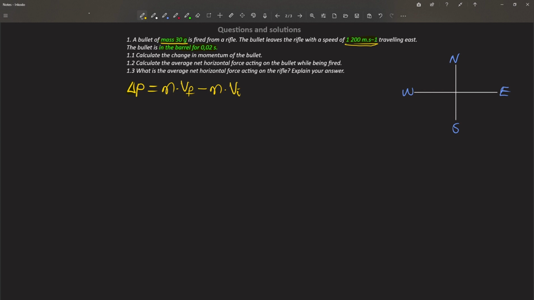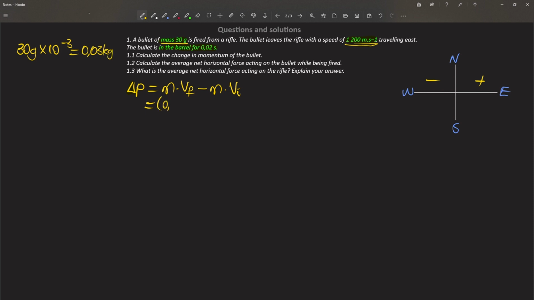Now, let's choose east as positive, west as negative, and they are saying this is traveling east. By default, our final velocity will be positive. So to calculate this, let's convert 30 grams multiplied by 10 to the power negative 3, which is equivalent to 0.03 kilograms.